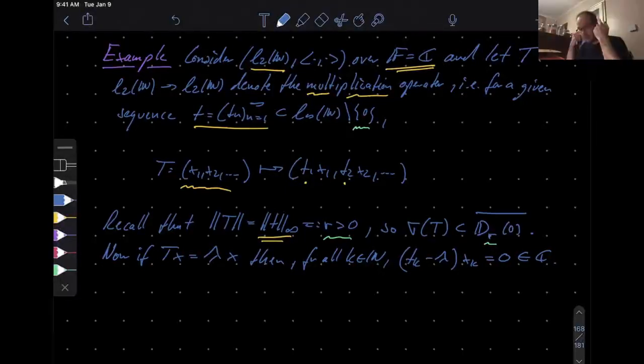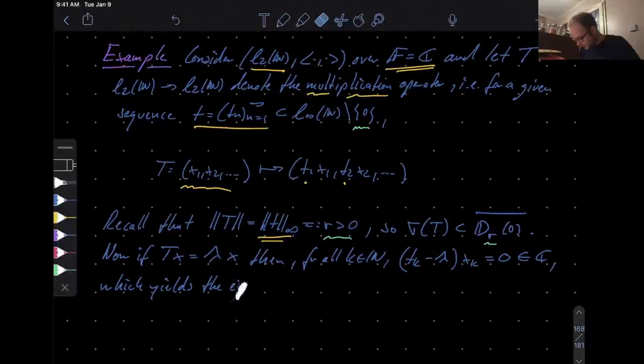Remember, eigenvectors are always non-zero vectors. Now I claim this equation yields the following eigenvector, eigenvalue pairs.